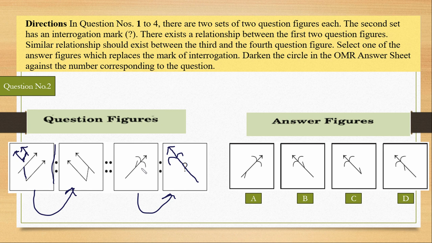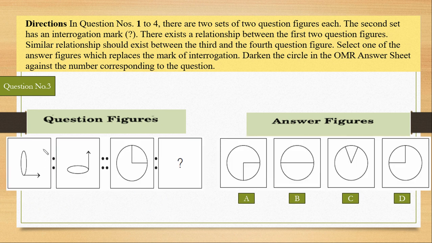As the small part exists on the left hand side of the figure, it should appear on the right hand side, somewhere like this. So the figure matching this one is option B, exactly matching the figure in this set. The remaining figures are not matching this question figure. Let us move on to the next question.